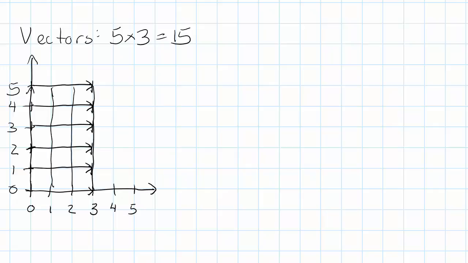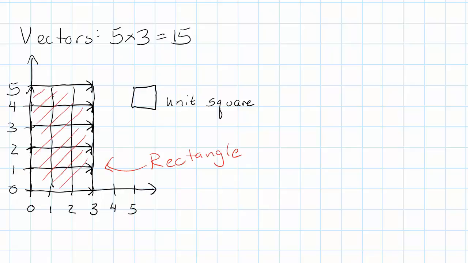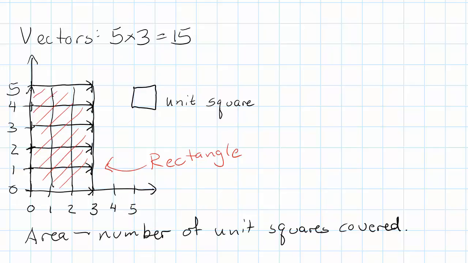And now we're going to think of each of these little squares as a unit square. A square that's 1 unit on the side, we can think of that as a unit square. And we can look at this rectangle, and we can understand its area as the number of unit squares that it covers. Right?